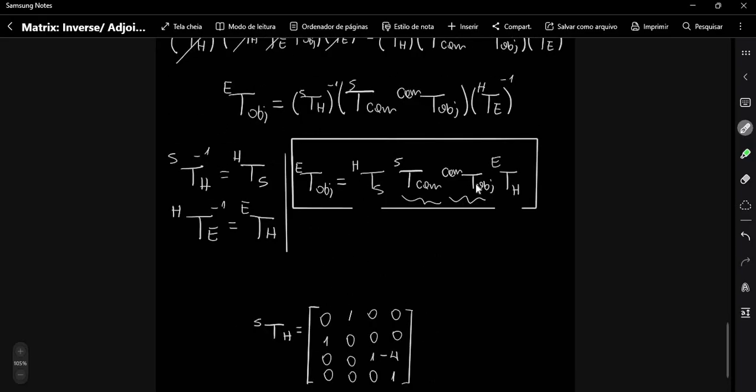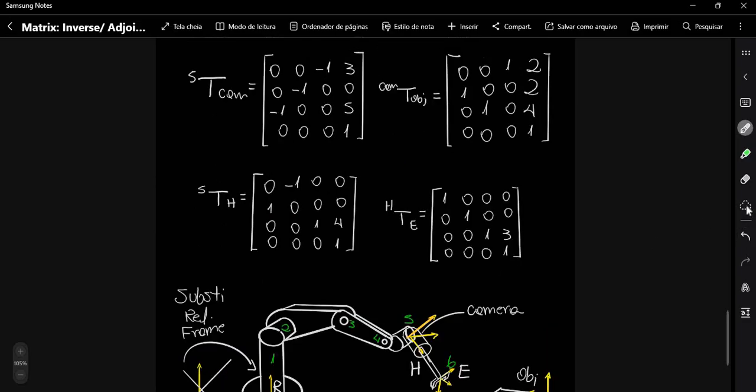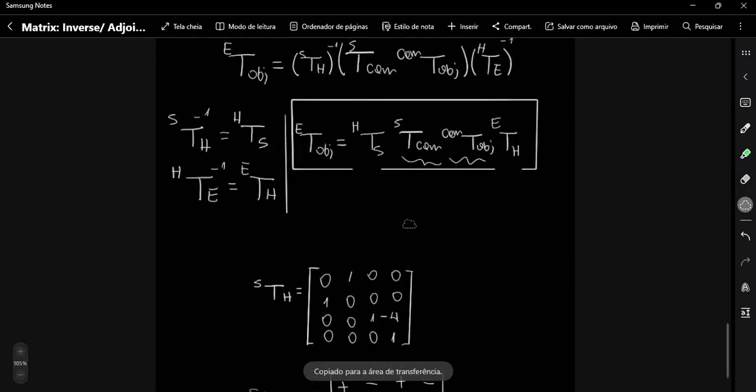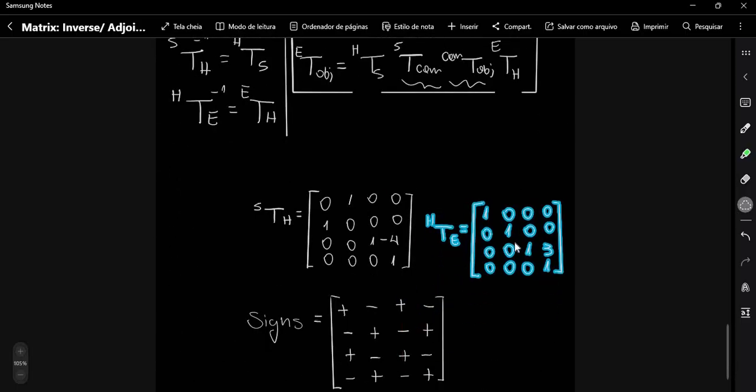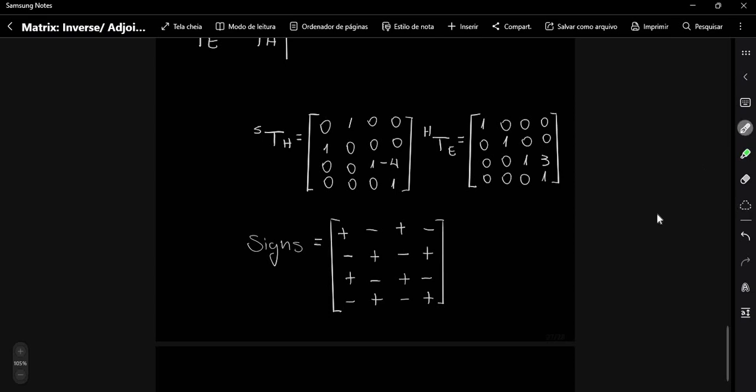And now for this matrix, the transformation of the frame H in relation to the frame E, it was provided to us as this transformation, and we switch the frames, as you can see, and we apply these signs right here too.